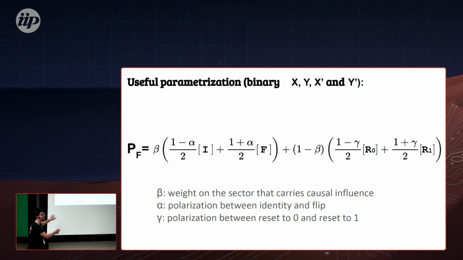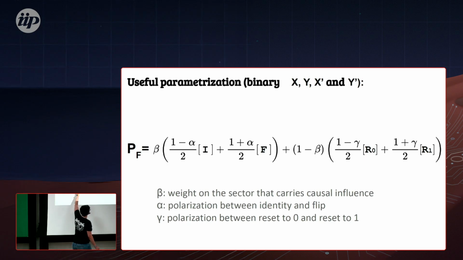I'll first tell you about this parametrization of a probability distribution over functions. This is just a parametrization. You have a probability distribution over 4 possible values, so this means you have 3 parameters. They look ugly, but they're actually very easy. Beta is the parameter that goes in front of the term with identity and flip, and then 1 minus beta for the rest.